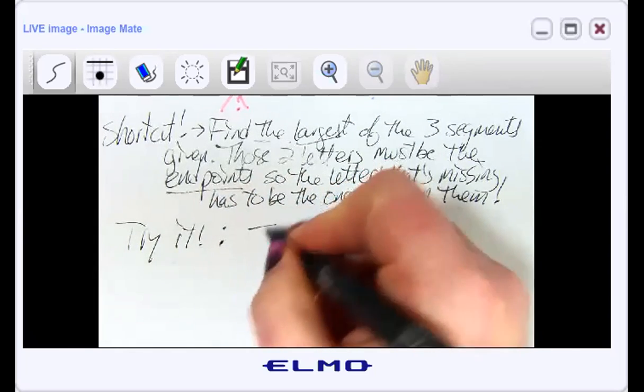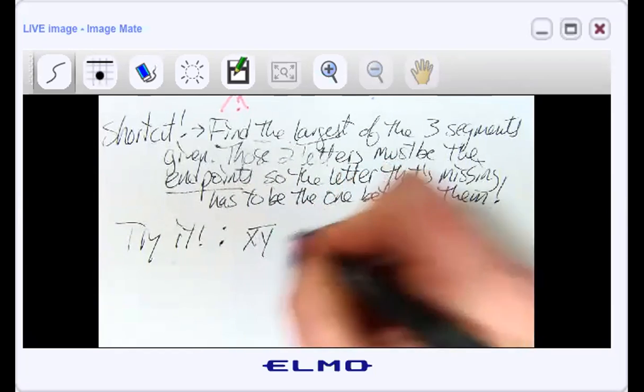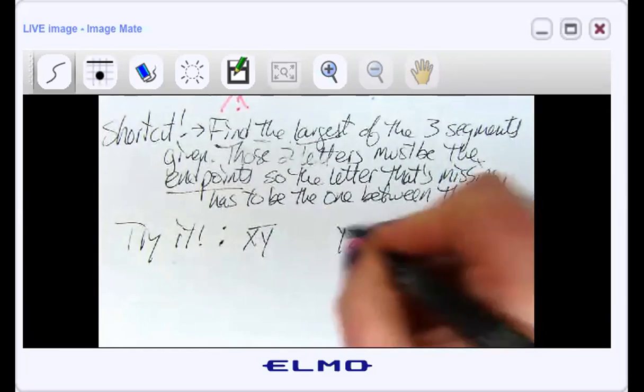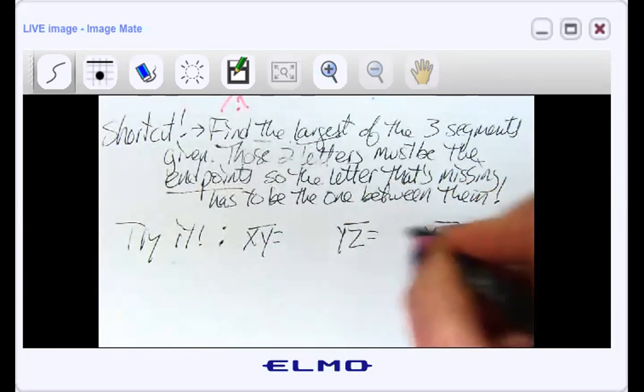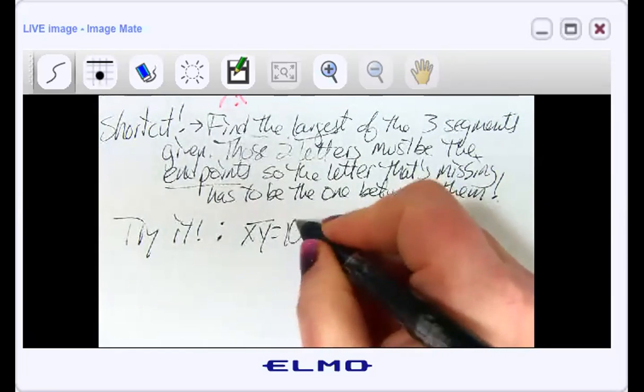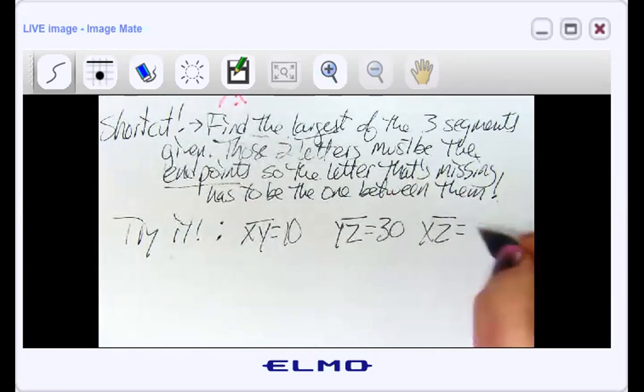So I have 3 of them: an XY, a YZ, and an XZ. Let's make the 3 numbers. How about you're 10, you're 30, you're 20. We should just be able to look at this and you can tell me right now who's got to be in the middle. X. Yes, that's it.